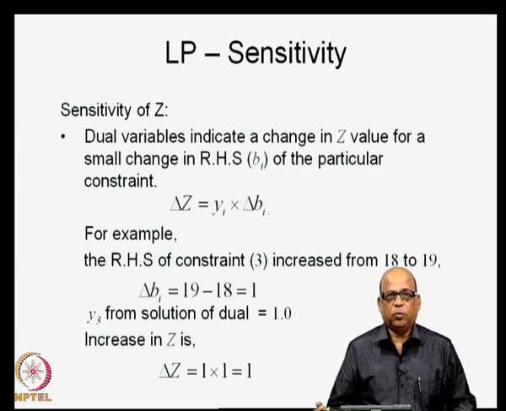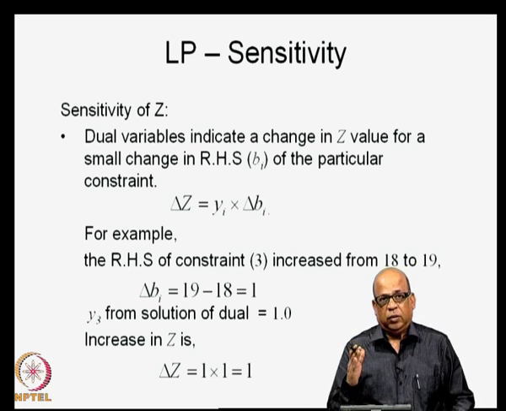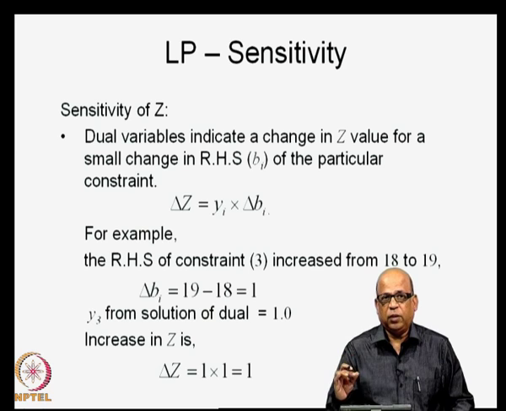I will also list out the other types of sensitivity analysis. So, the first type of sensitivity that we do is, if we change the coefficients, that is the right hand sides of the constraints, what will be the change in the objective function value.